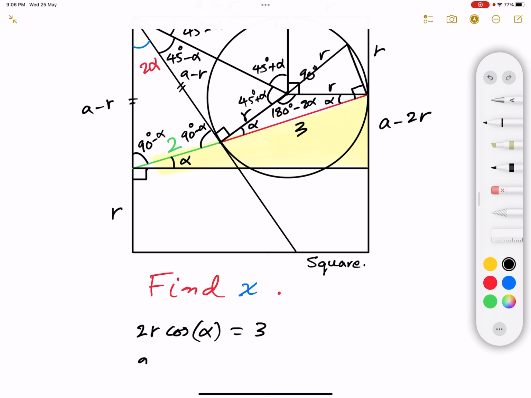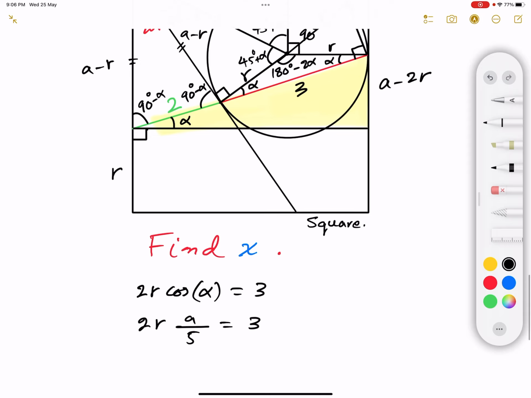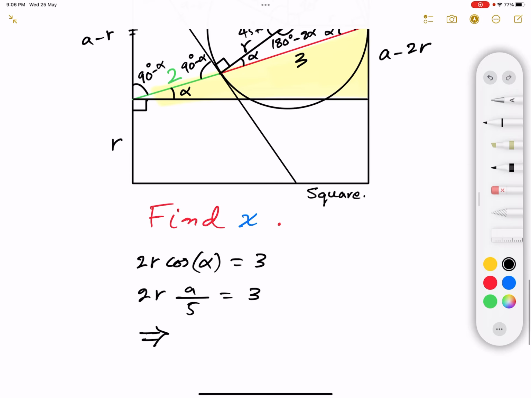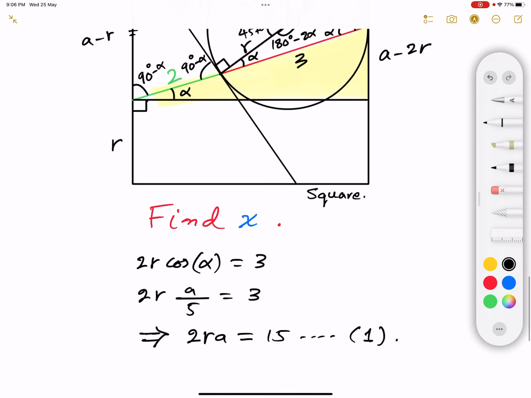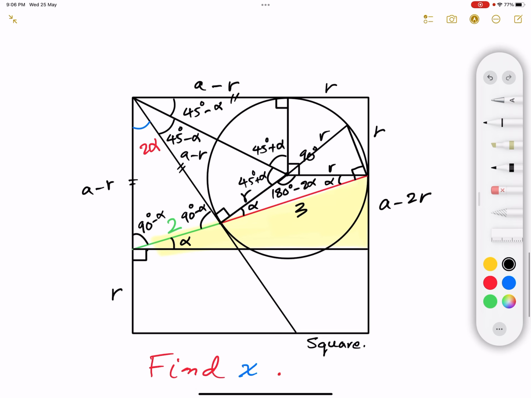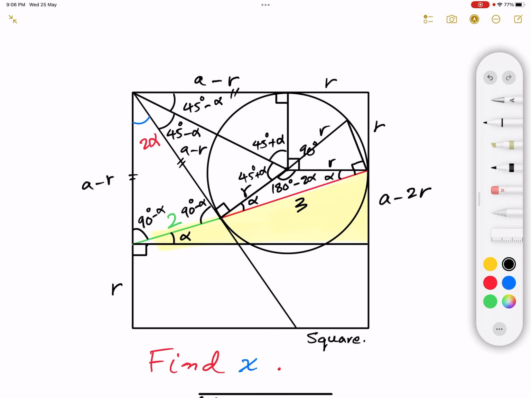So 2R multiplied by A divided by 5 is going to give us 3, and from that we get 2RA equals 15, and this is going to be our first equation. That's an equation of R and A, so the unknowns are R and A, so we need another equation to solve for R and A. How can we get our second equation?